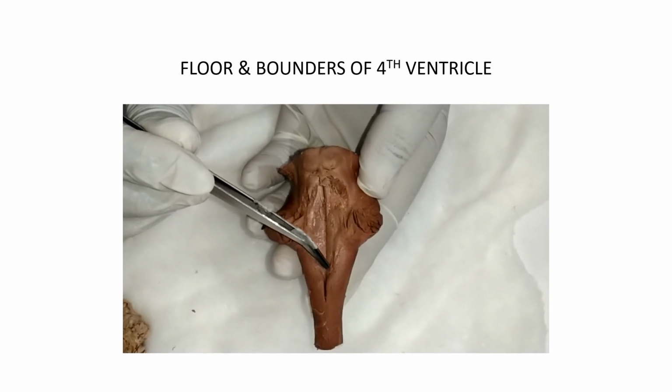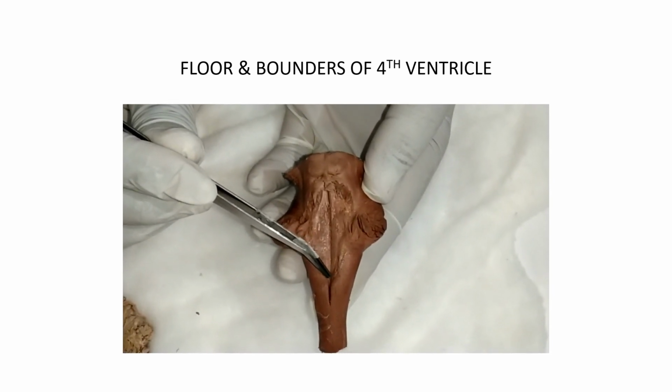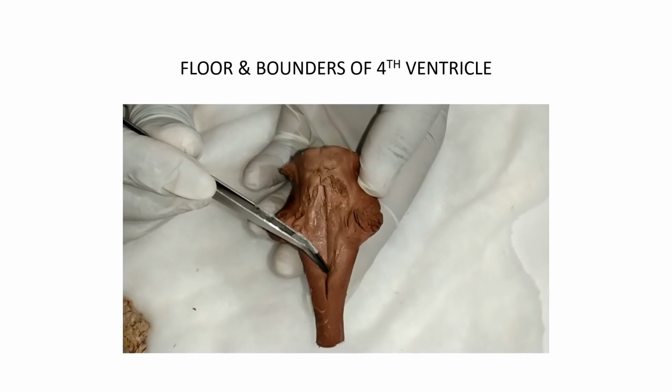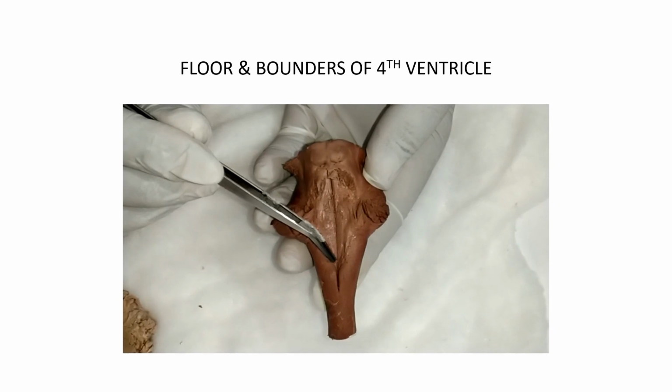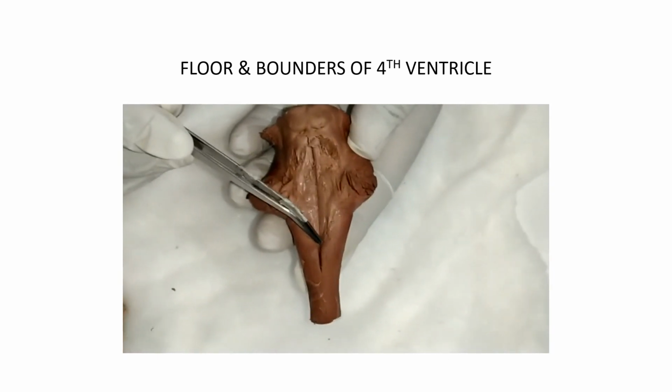Below it lies the dorsal motor nucleus of the vagus nerve over here. So the lower part is the vagal triangle.